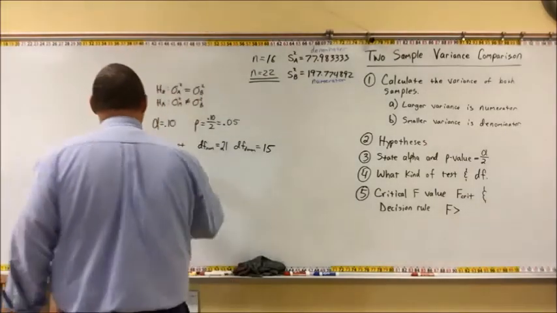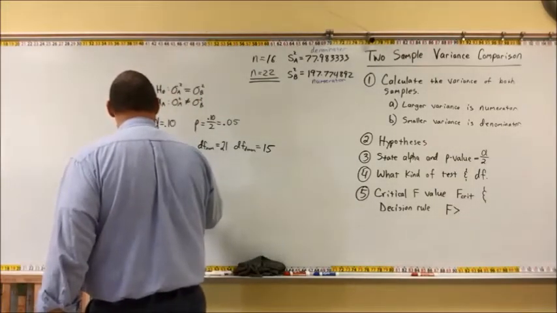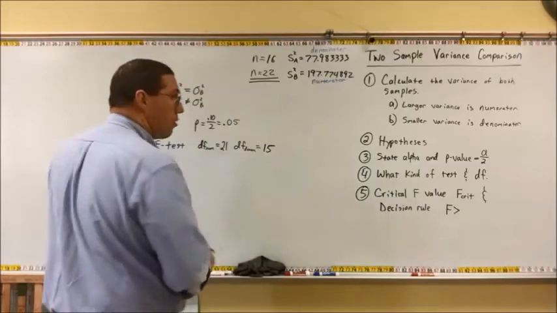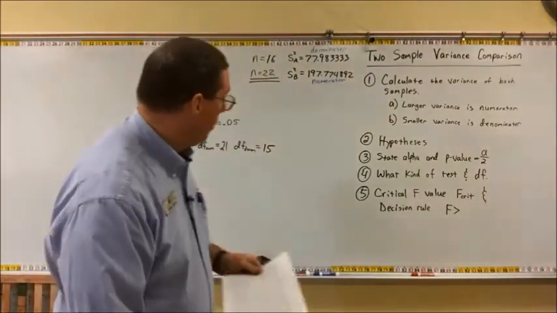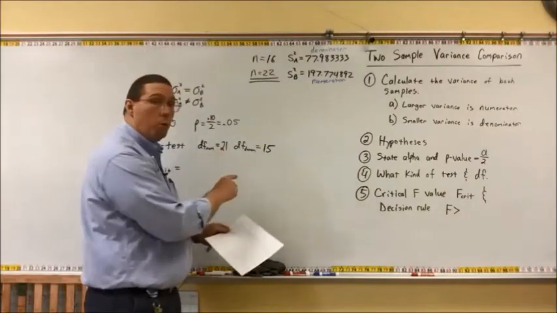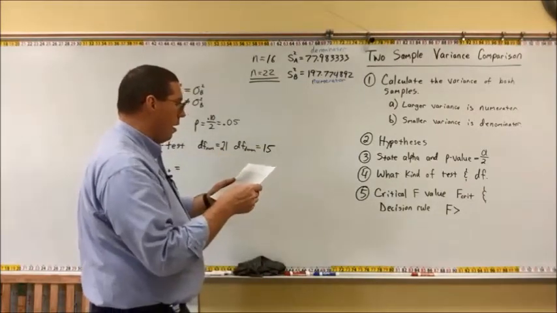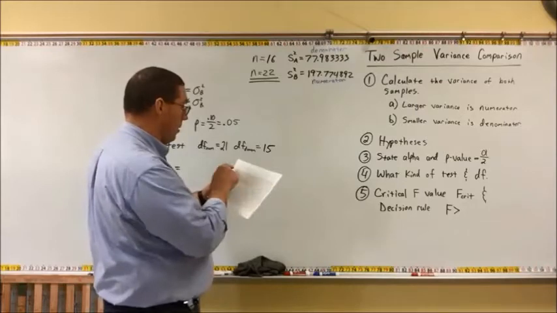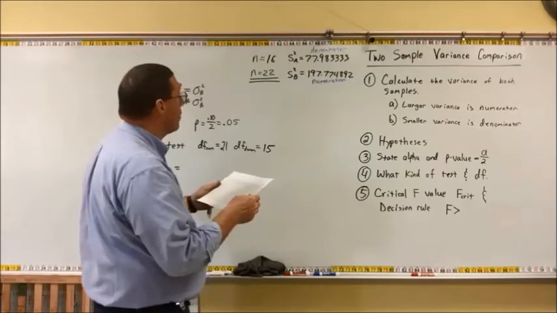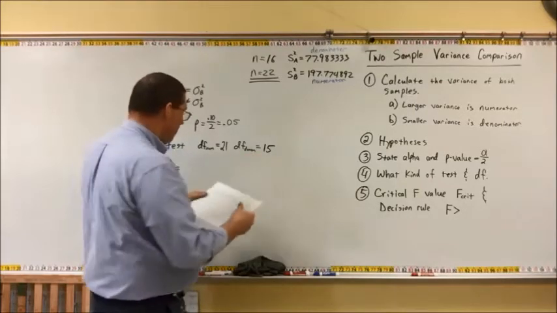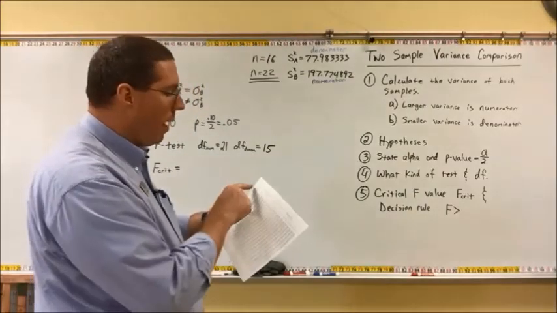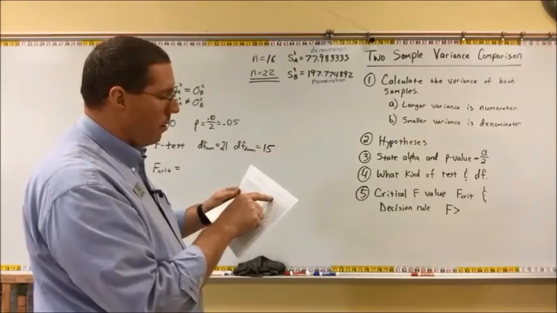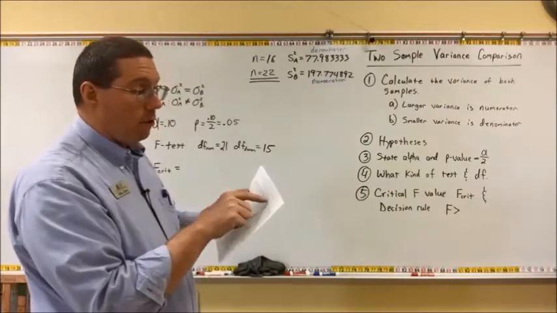But let's look up our critical F value here. So F crit. Let's go into our F table. Degrees of freedom for the numerator is 21. That's across the top. And then degrees of freedom for the denominator, that's going to be along the side. Now notice across the top that it only goes up to 20.